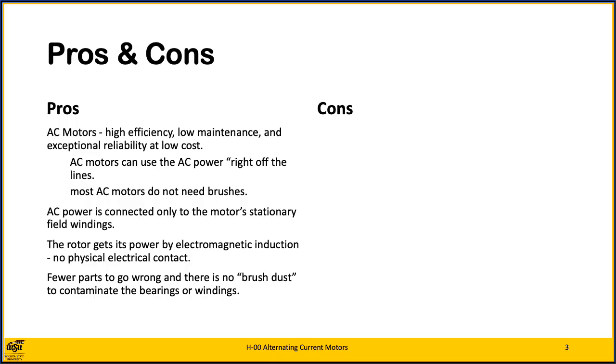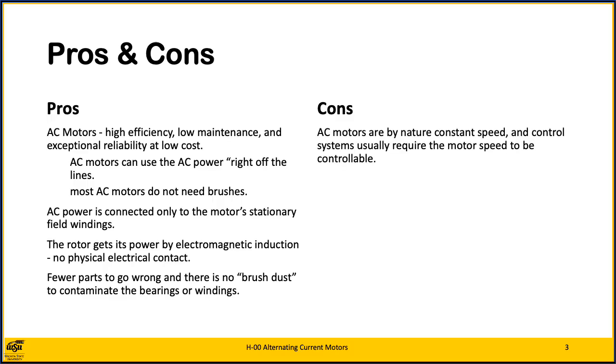Despite these advantages, there is a problem with using AC motors in control systems. These high-efficiency AC motors are by nature constant speed, and control systems usually require the motor speed to be controllable. As you recall, the speed of a DC motor can be controlled by simply adjusting the applied voltage.